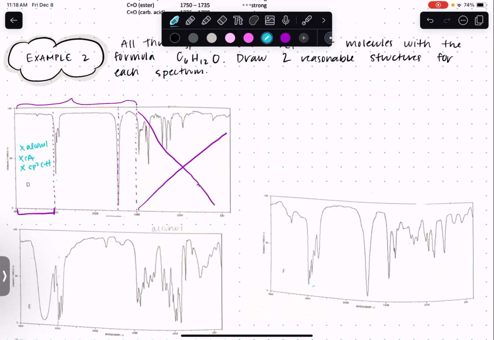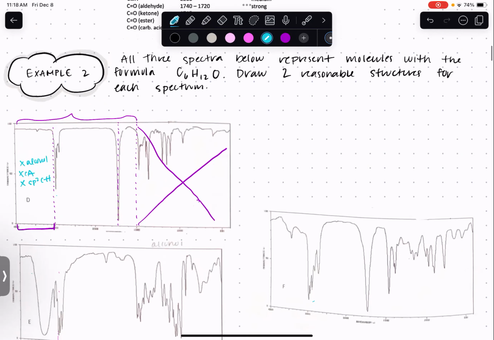I do have a peak here right below 3000, and it's a little bit staggered, but nothing super crazy there. And traditionally when you see something that looks like this, that's going to be your sp3 carbon hydrogen stretch.